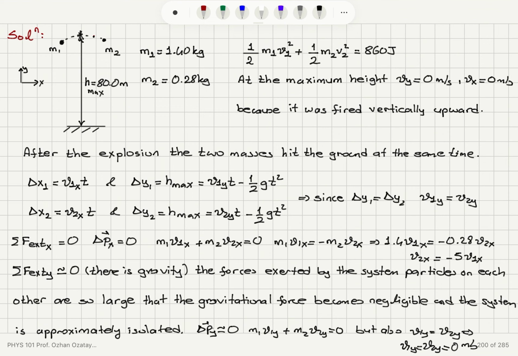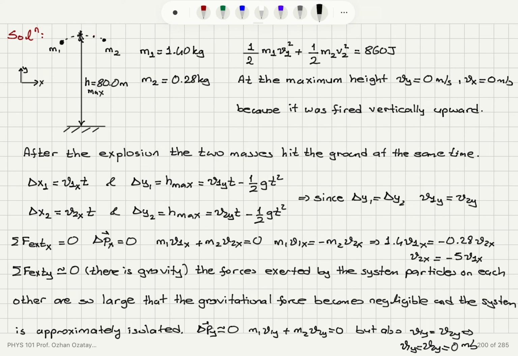So using kinematics, I know that the distance traveled on the x-axis for m1 is v1x t, for m2 is v2x t, and this t is the same for both because they hit the ground at the same time. With an initial y component of their velocities, they would have v1y t minus 1/2 g t squared as the displacement on the y-axis.